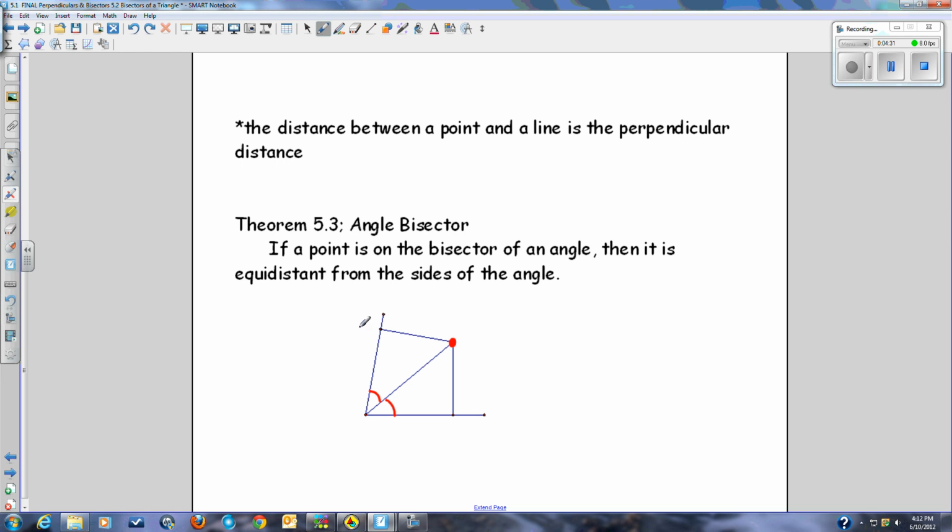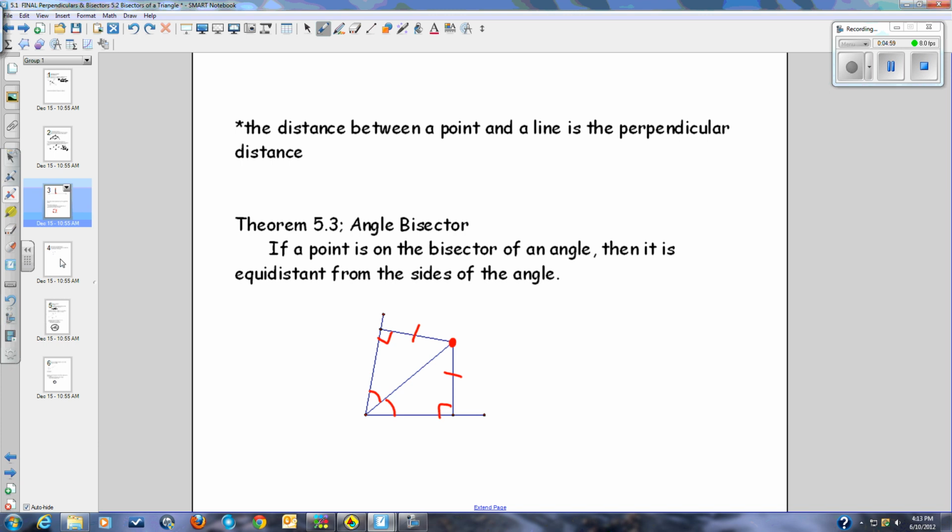Now remember, we just said distance is the perpendicular distance to the line. So these lines are forming right angles. And what we're saying is those perpendicular segments are of the same length. They're equidistant. So if this point is on the angle bisector, then these segments are equal in length if they are drawn perpendicularly to the sides of the angle.